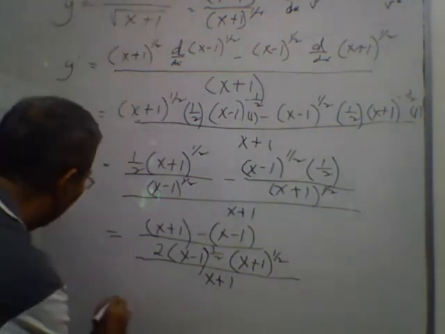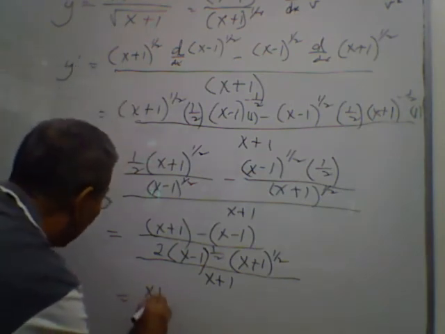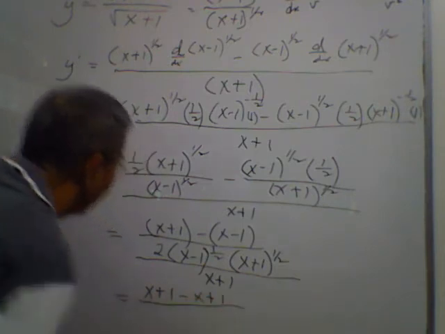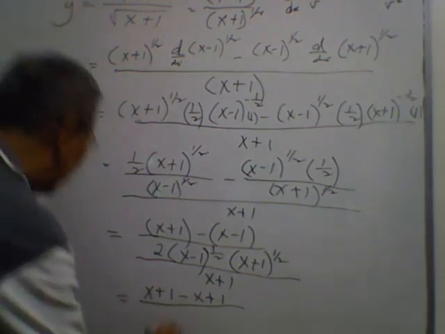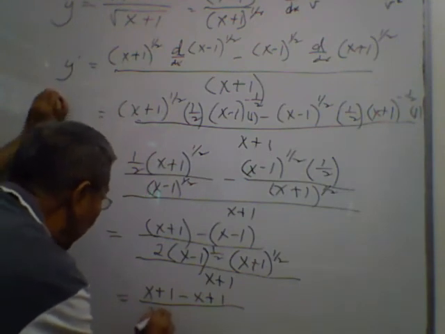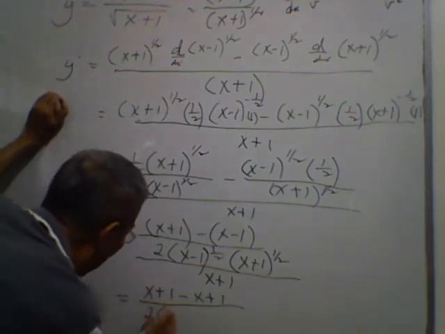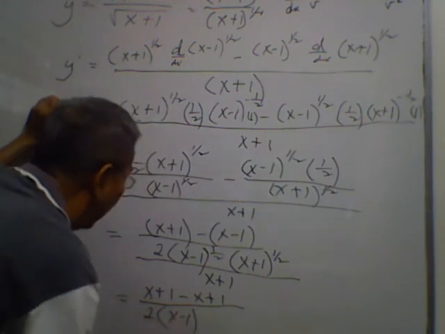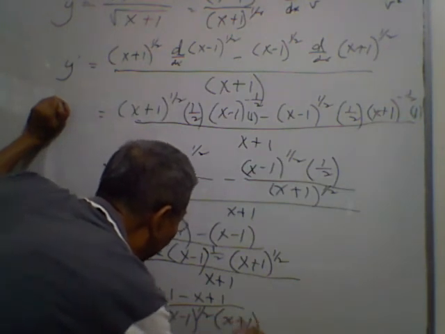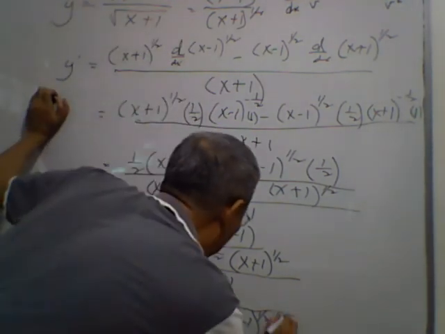So then, we'll combine the numerator. So x plus 1 minus x plus 1 over 2 times quantity x minus 1 raised to 1 half times the quantity x plus 1 raised to 1 half times x plus 1 raised to 1.